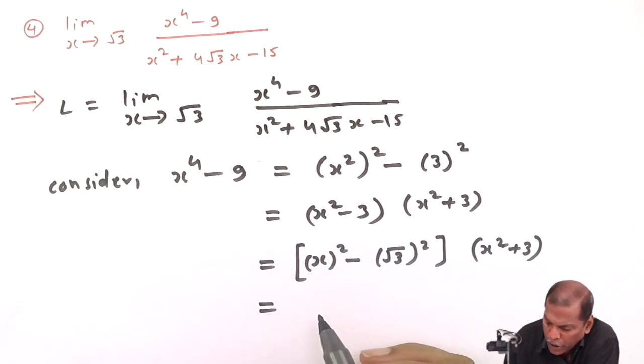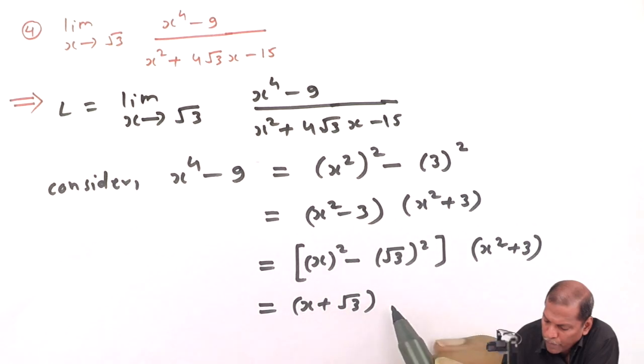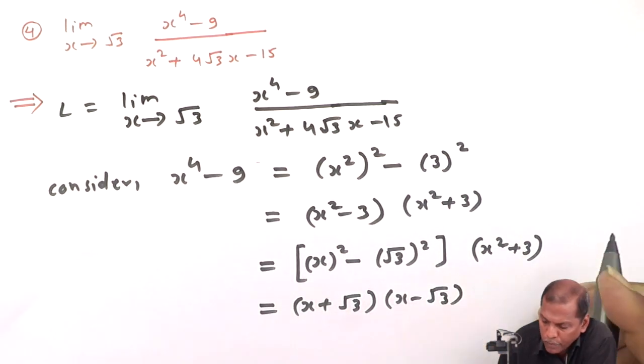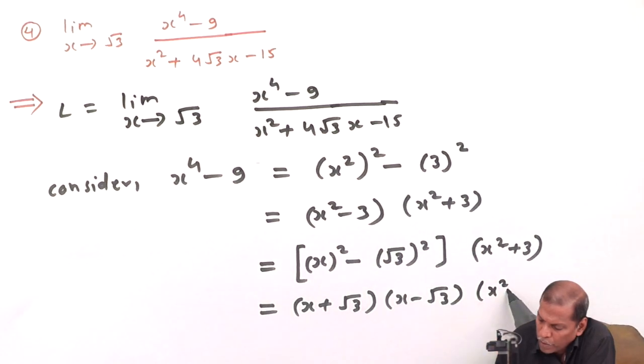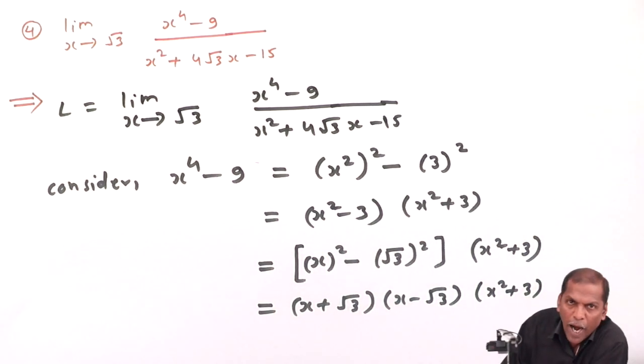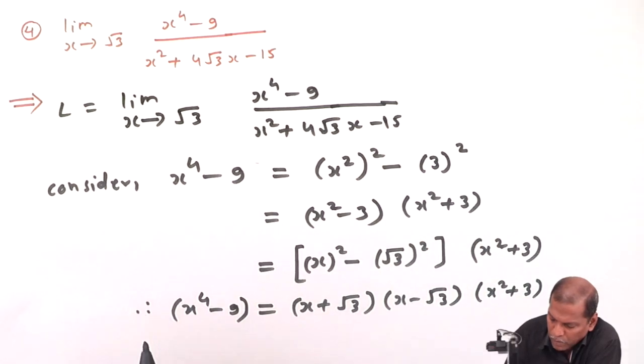So the next step will be (x plus root 3)(x minus root 3), and the third term x square plus 3 we write as it is. So these are all the required factors for x raised 4 minus 9.